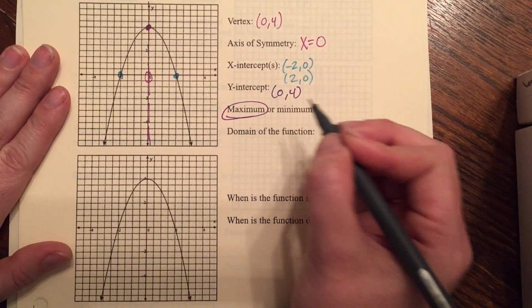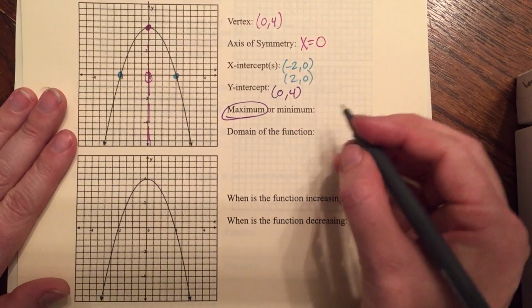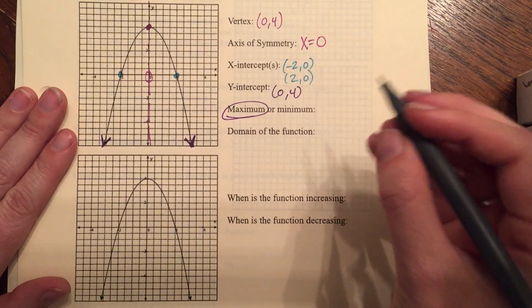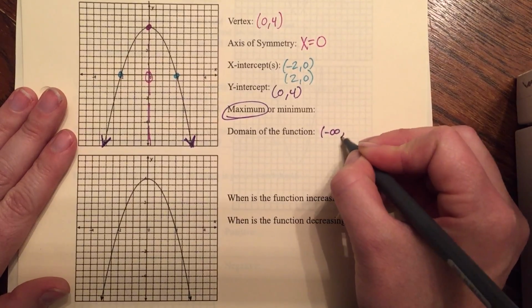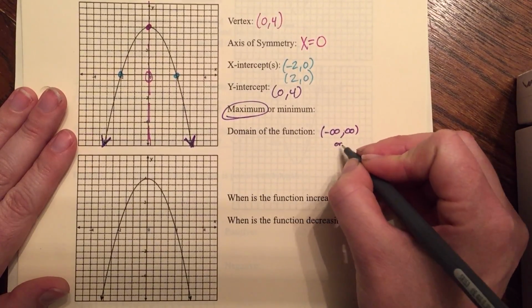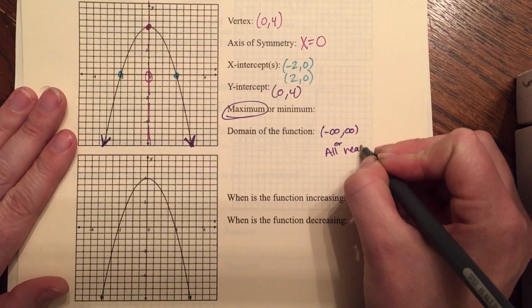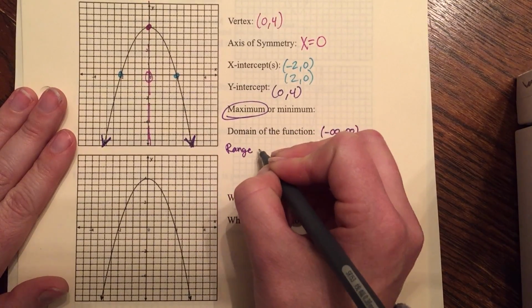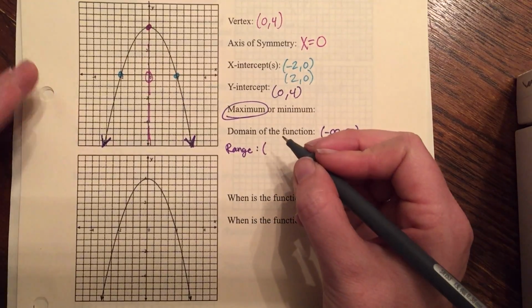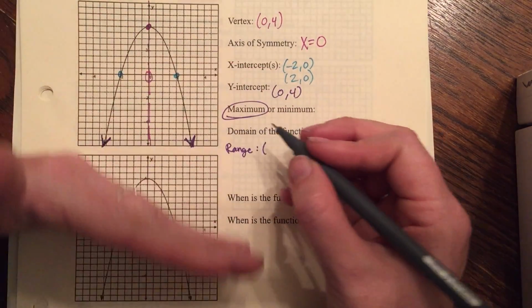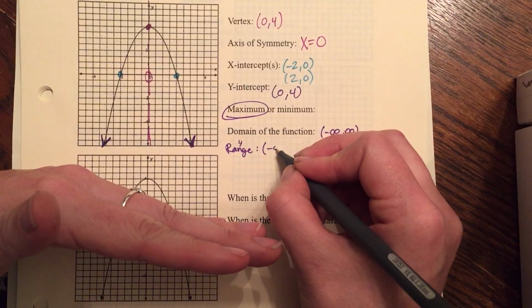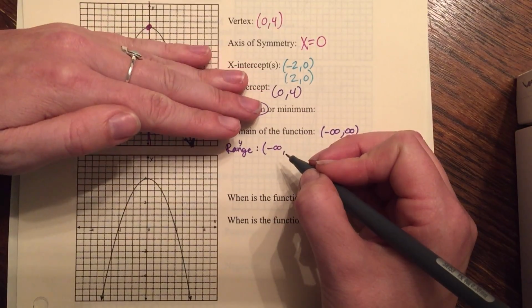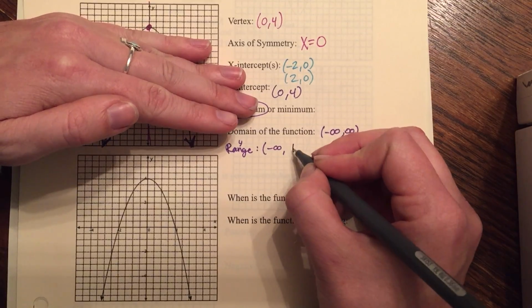It is a maximum, and the domain of the function, see those arrows? If you remember, the domain when there are arrows is negative infinity to positive infinity, or all real. The range would be, as I scroll and look at the y values, negative infinity, and then it stops at the number there. It stops at 4.